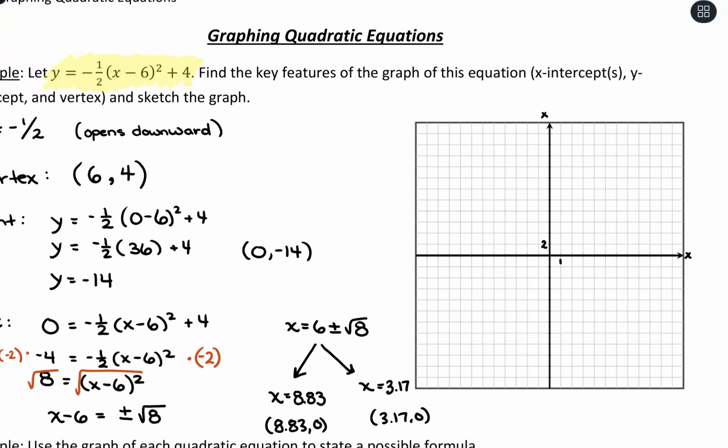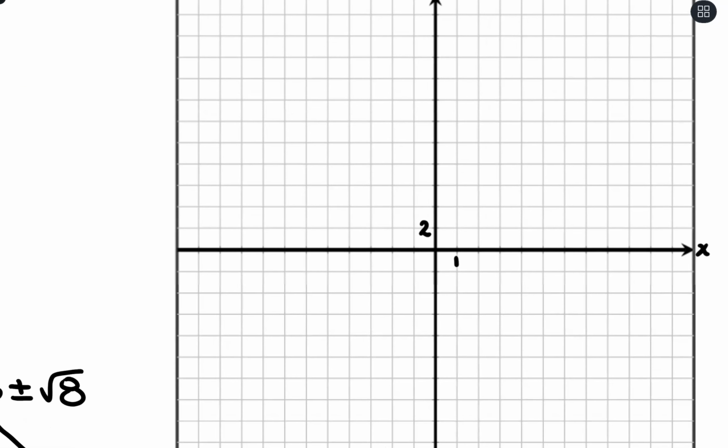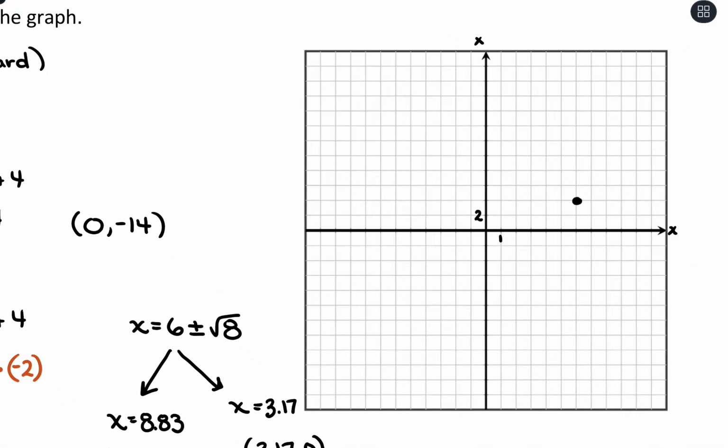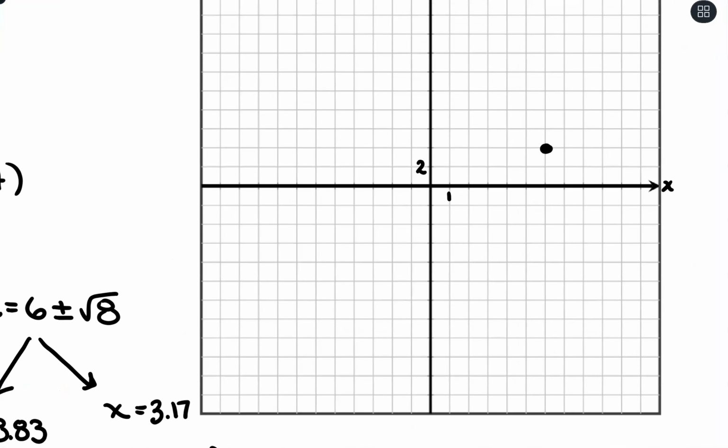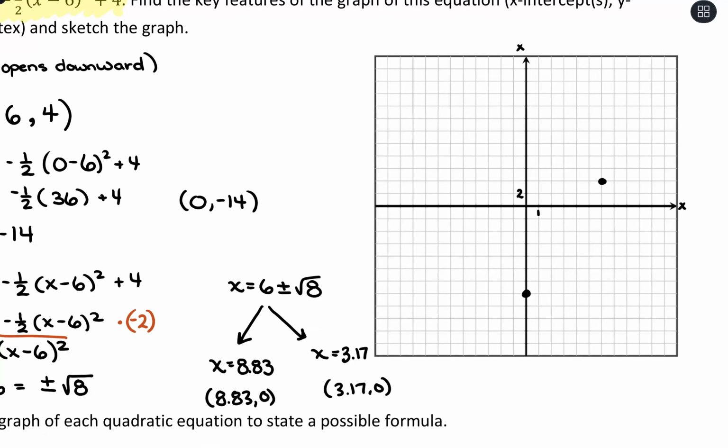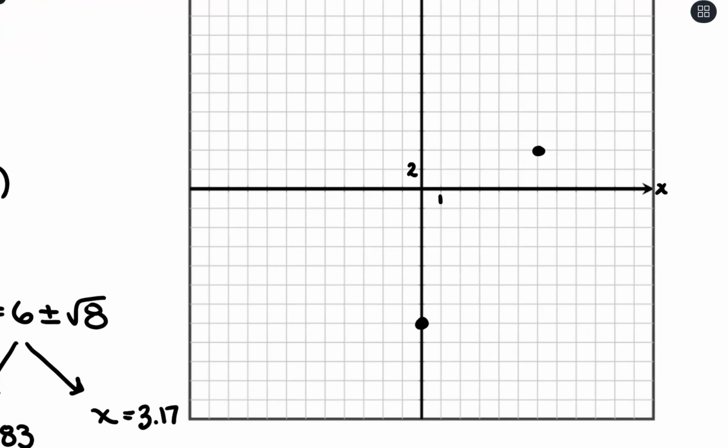So I have the coordinate (6, 4). So I'm going to go 3, 6, 2, 4. And (0, -14). So 0, 2, 4, 6, 8, 10, 12, 14. And then 8.83. So 1, 2, 3, 4, 5, 6, 7, 8, and then about 0.83.